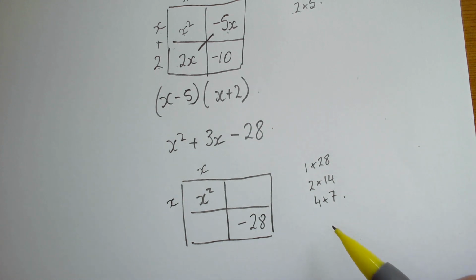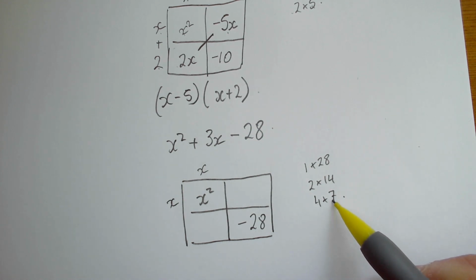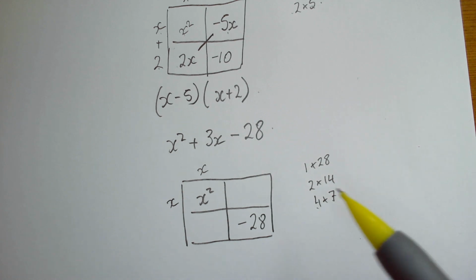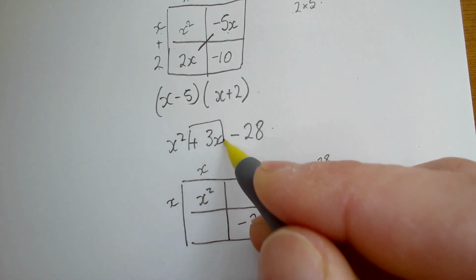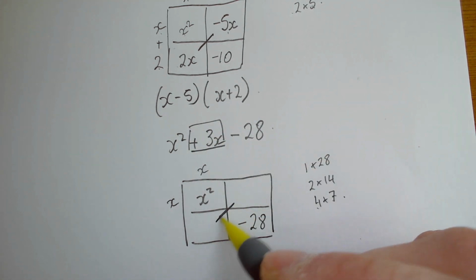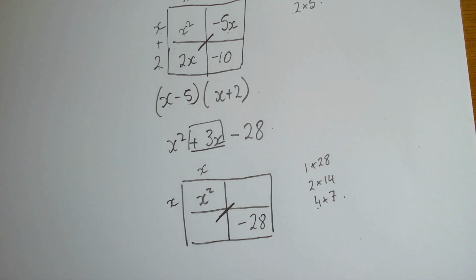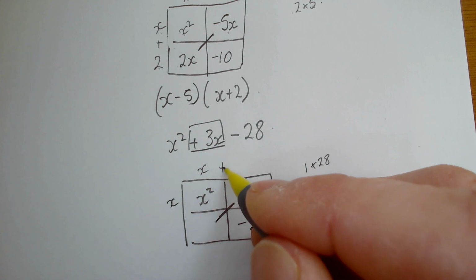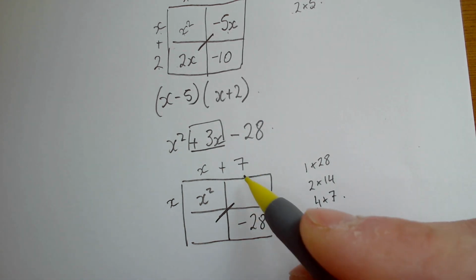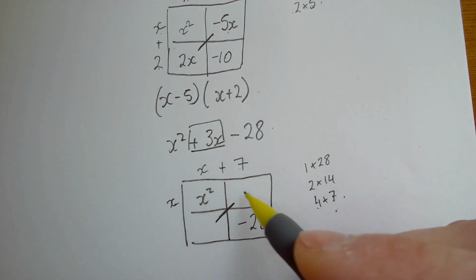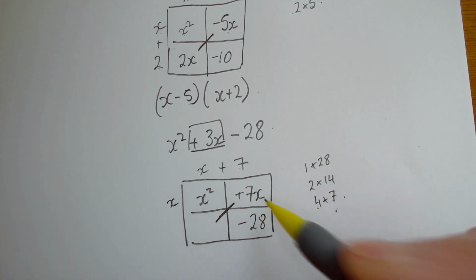So we know that if we had a plus 7 and a minus 4, we'd end up with a plus 3, and we of course are looking for plus 3x when we sum across this part of the grid. So let's go with plus 7. So we have x plus 7 here, and we say that 7 times x is plus 7x.